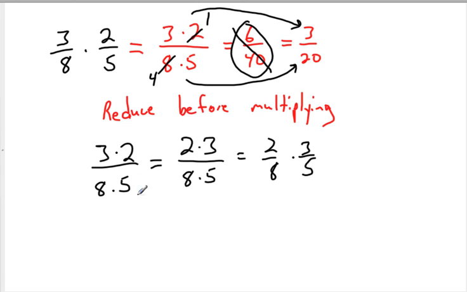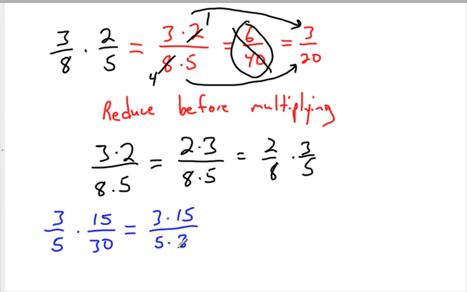So let me give you another example of that. If we had like 3/5 times 15/30, now remember that we would be multiplying 3 times 15, which is going to be fairly large, 45, and 30 times 5, or 5 times 30.